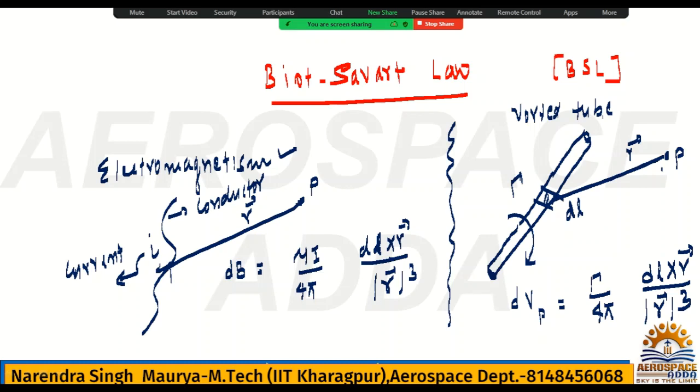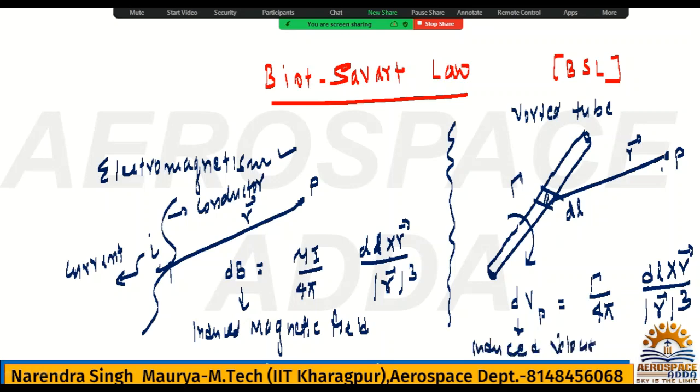If you check, this was the induced magnetic field. So this is the induced velocity at point P. This was current, so this is circulation. The rest everything will be the same.